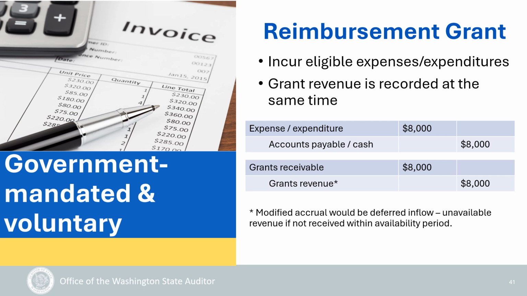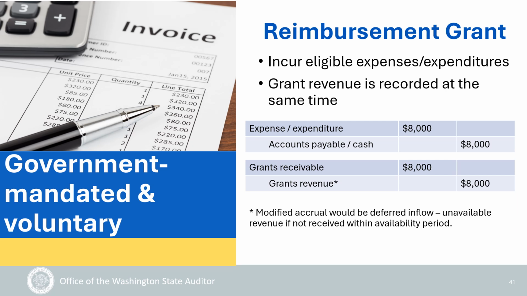That means they are recording the grant revenue at the same time they record the expenditure. The expenditure journal entry is a normal expense, debit expense, and credit cash or accounts payable if not paid in cash. At the same time, they are recording the grant receivable.